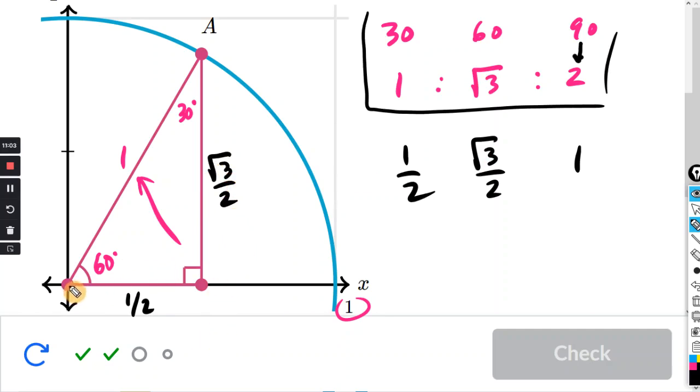If this distance is 1/2, this is the x-axis, so that's going to be the x-coordinate of A. And if this distance vertically is radical 3 over 2, that's just going to be the y-coordinate of A. So that's it. We actually didn't need to do the sine and cosine.